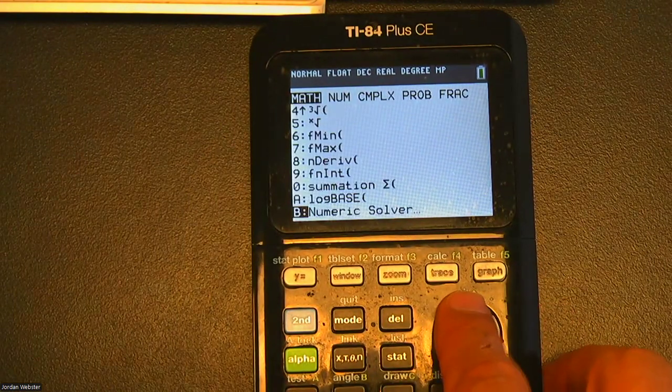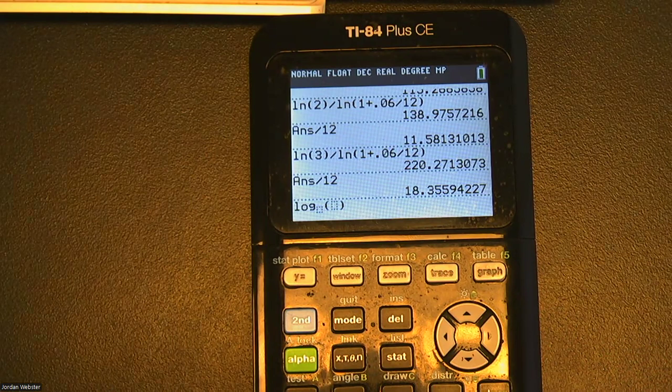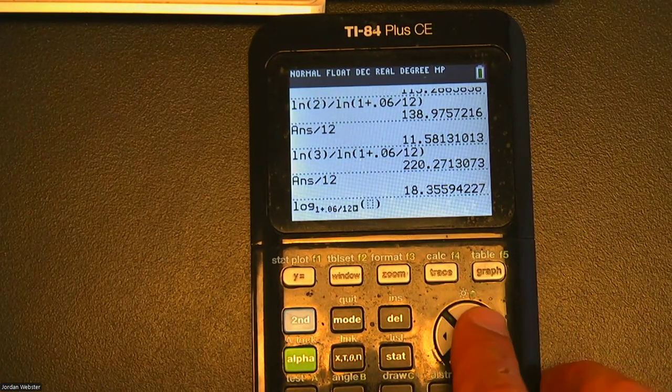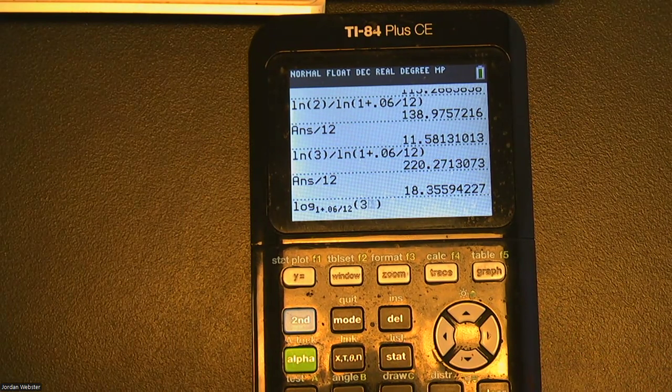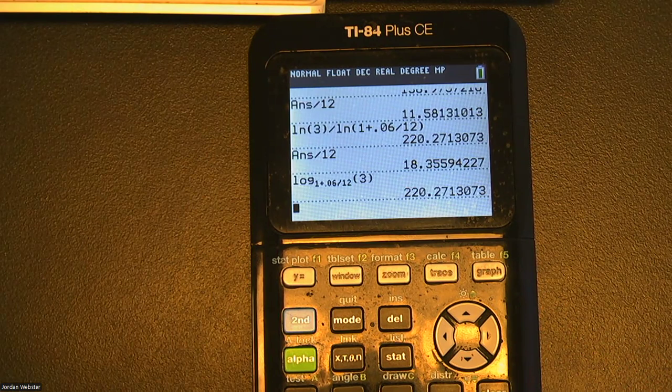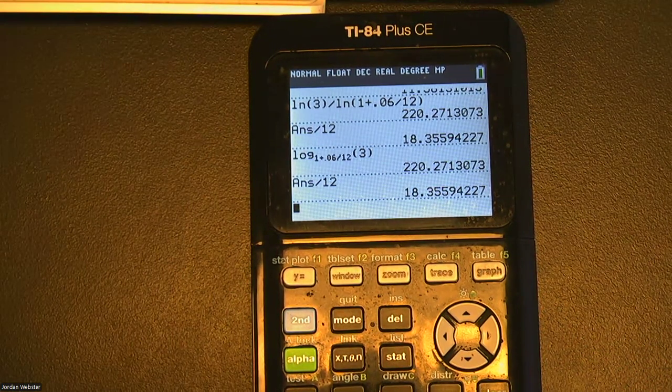So you can put log of that ugly base into your calculator with argument of 3. Hit enter, and then divide by 12. You should get 18.36.